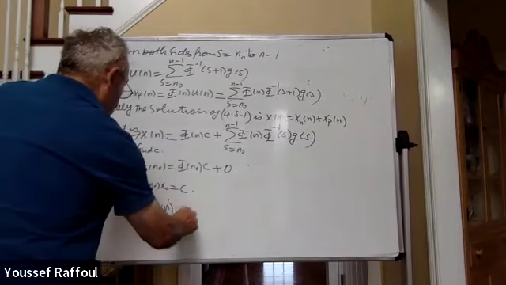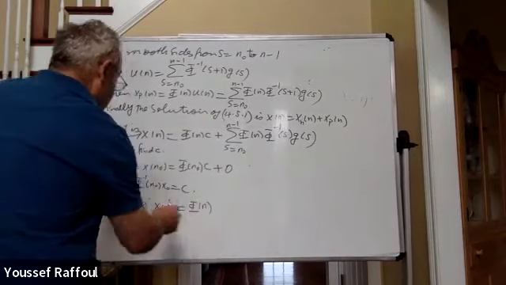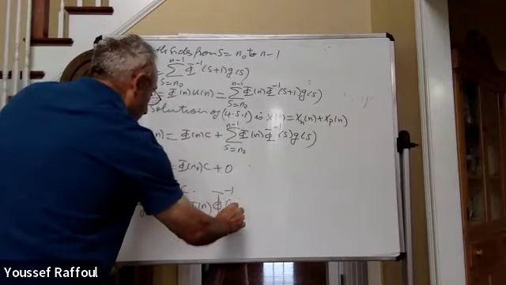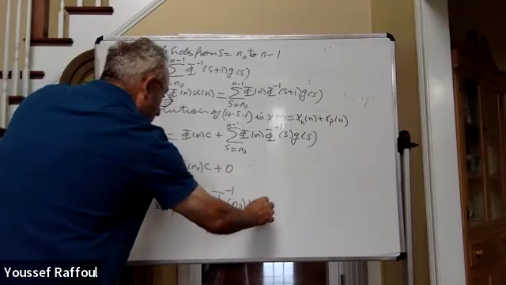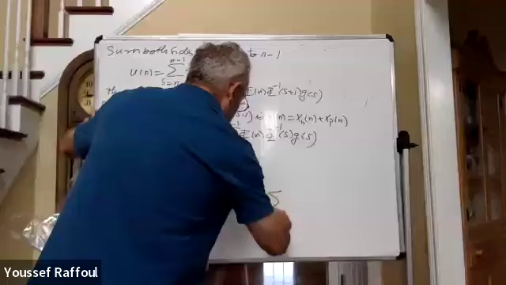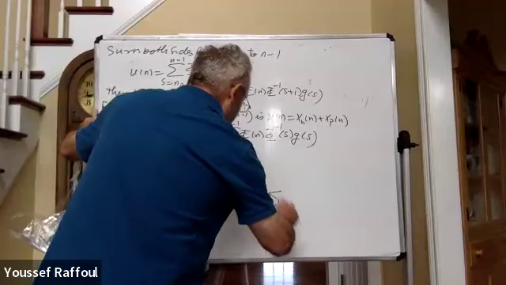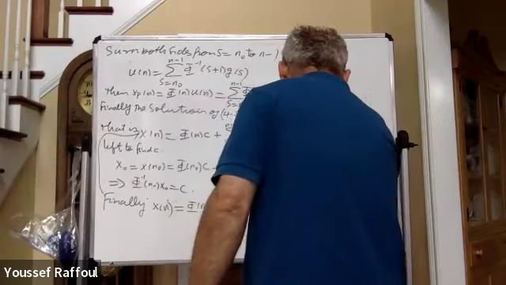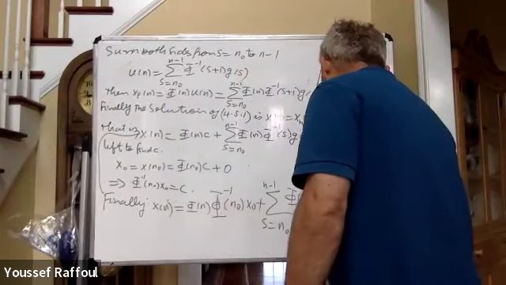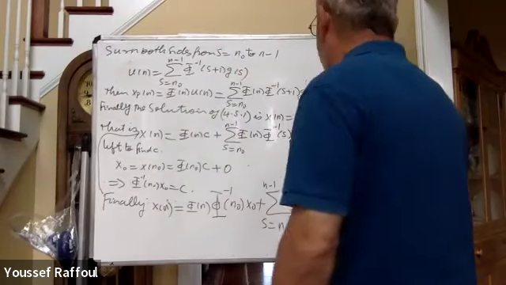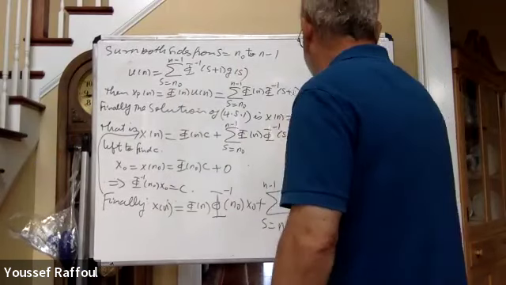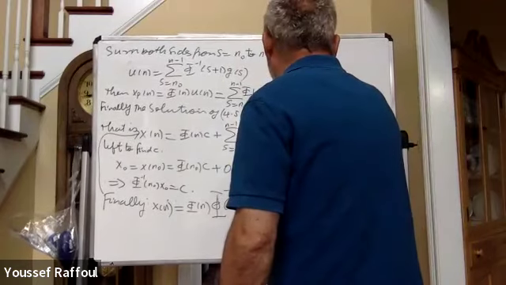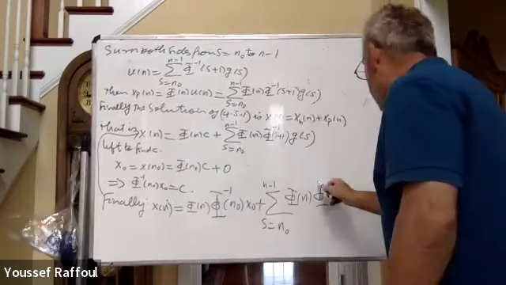Finally, x(n) equals Φ(n), replacing c by that, Φ^{-1}(n0) x0 plus the sum from s = n0 to n−1 of Φ(n) Φ^{-1}(s+1) g(s). Sorry, this is s plus 1. It's okay.